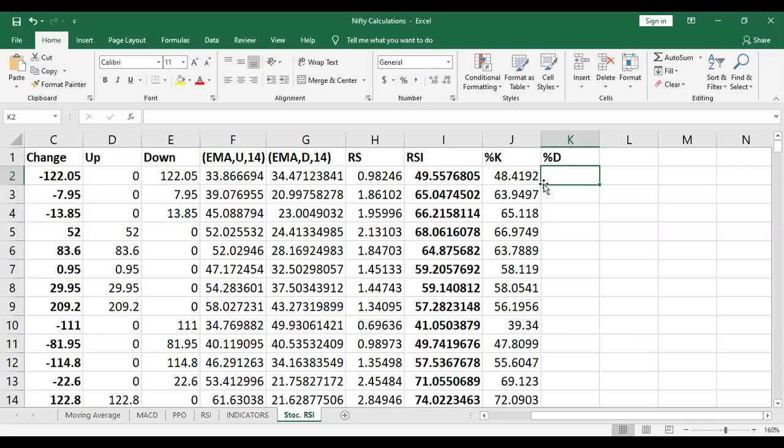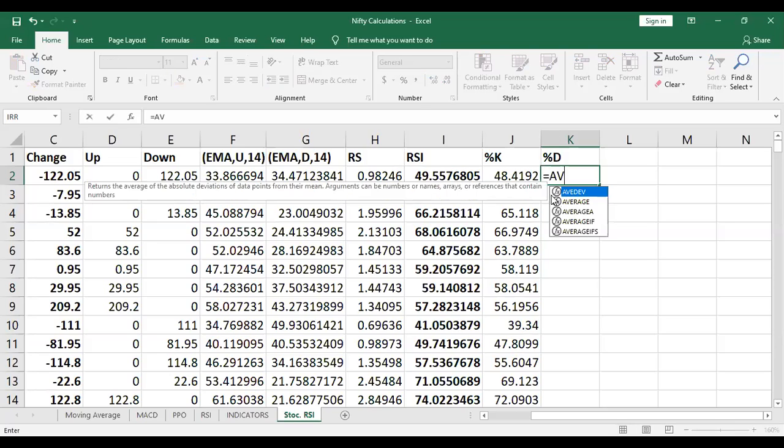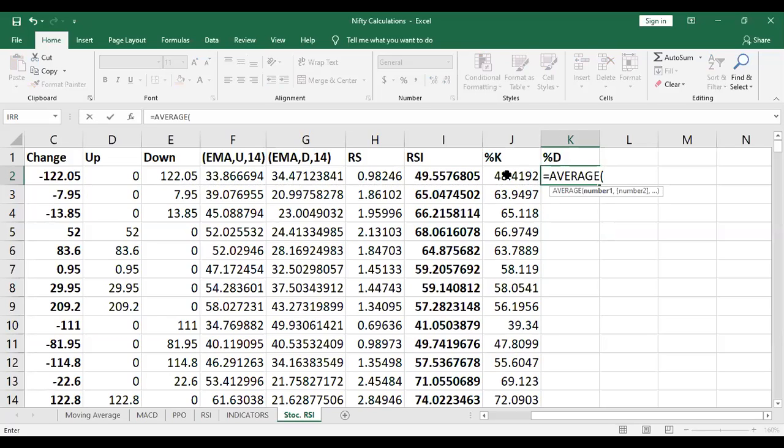Now we are calculating the D line. The D line is simple, that is the simple moving average of this K number for a specific period. We have taken 5 here, and we calculated the D line.